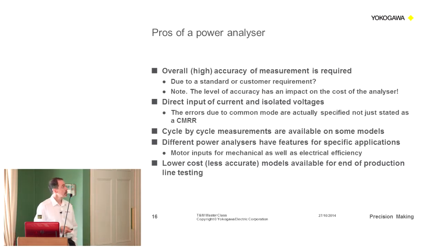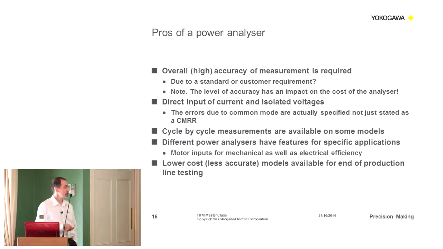On some models, you can do cycle-by-cycle measurement. On our highest end power meter, our most accurate one, you can do cycle-by-cycle measurements, and of course that is continuous, again without any gaps, which you have with an oscilloscope type product.